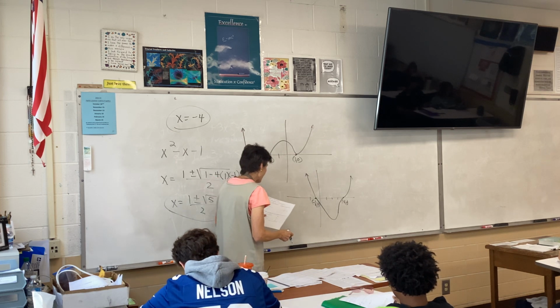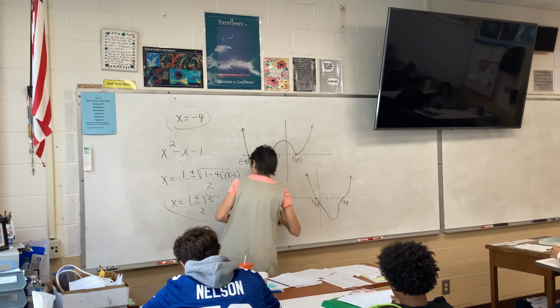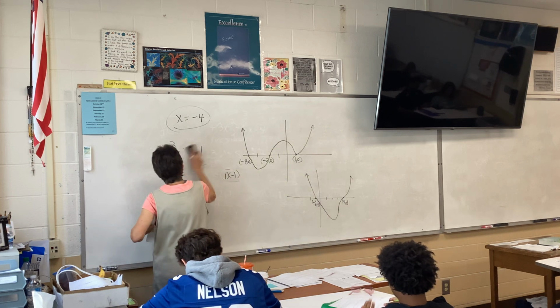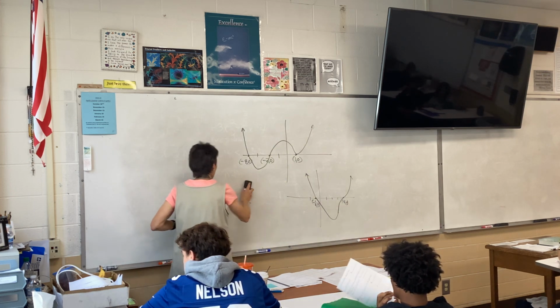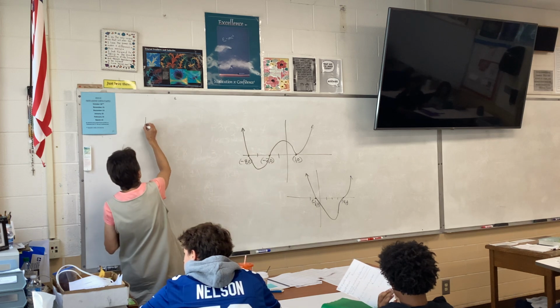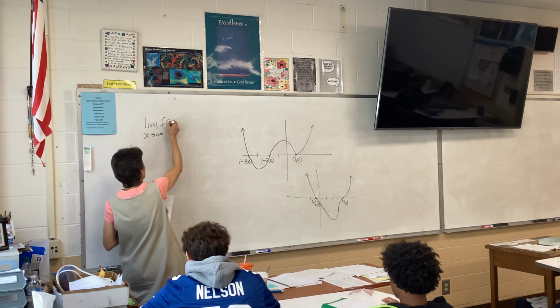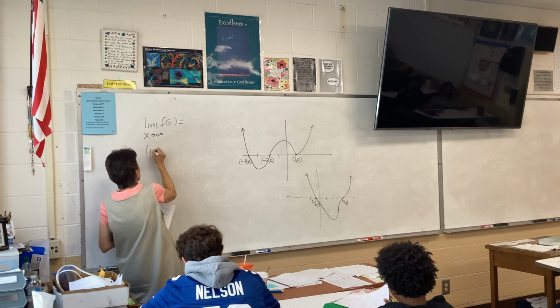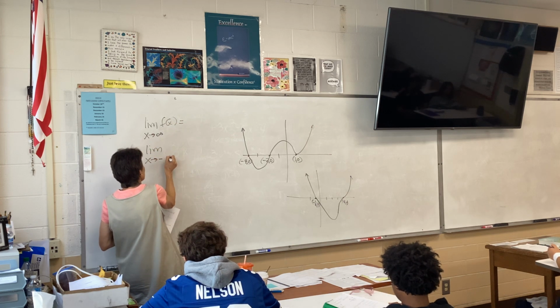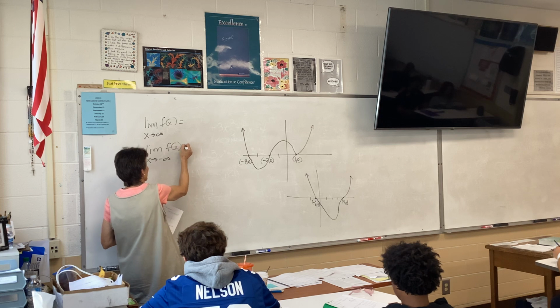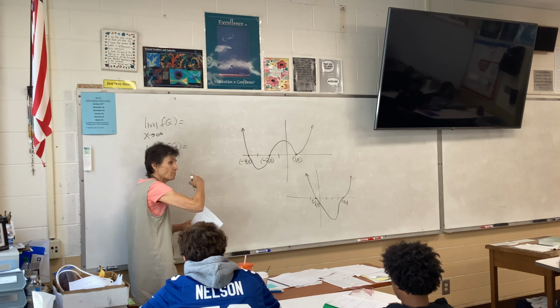Describe the end behavior using limits. Now, that is the only way we've ever described end behavior. The limit as x approaches infinity of the problem, and the limit as x approaches negative infinity of the problem. This is the end behavior.